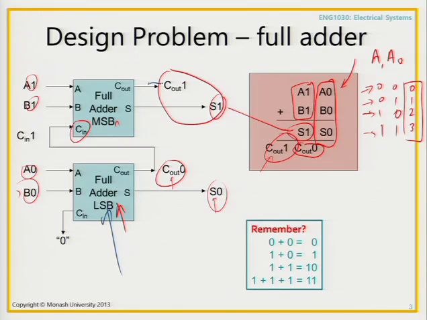You could put C out to another one over here, and so on. And you could make a 32-bit adder that could take two 32-bit long numbers, add them together, and give you an output which is correct, hopefully, depending on how well you designed it.